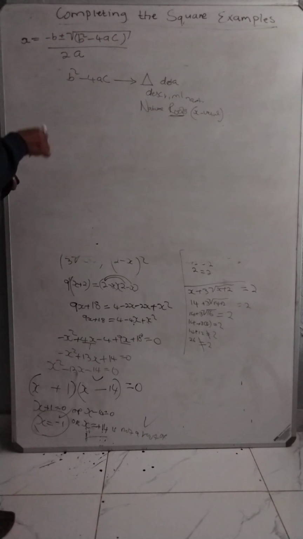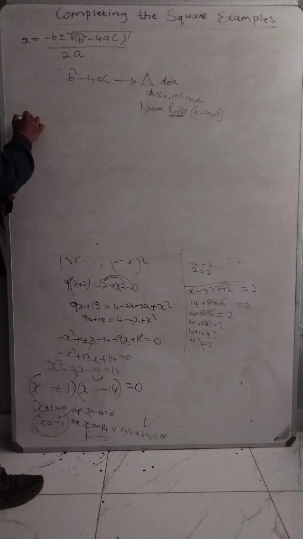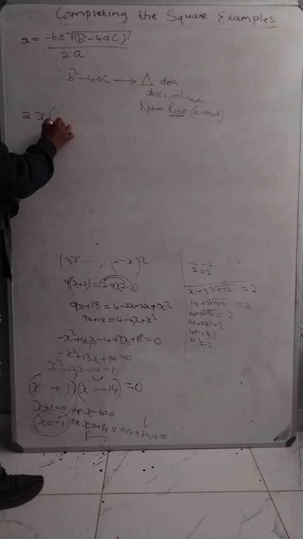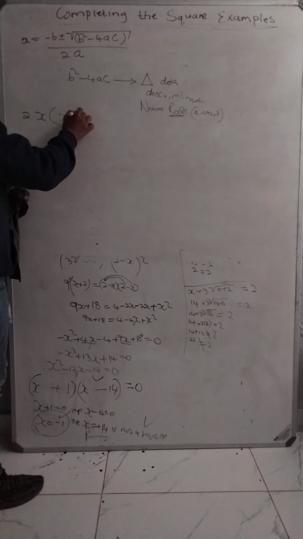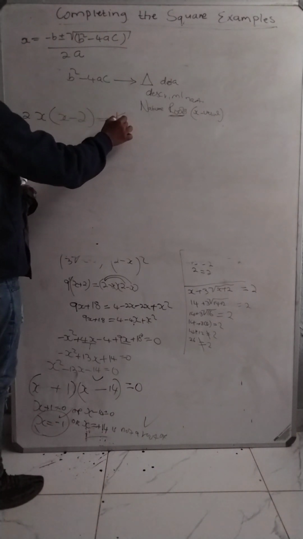And then in this example, they've given us 2x into x minus 2 is equal to k.